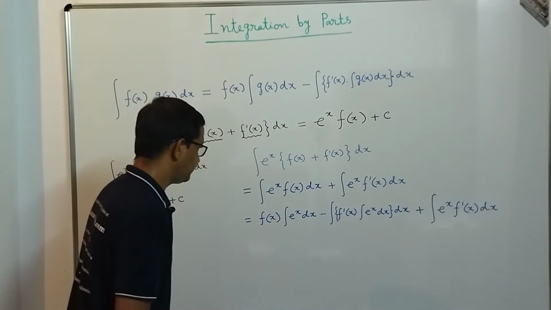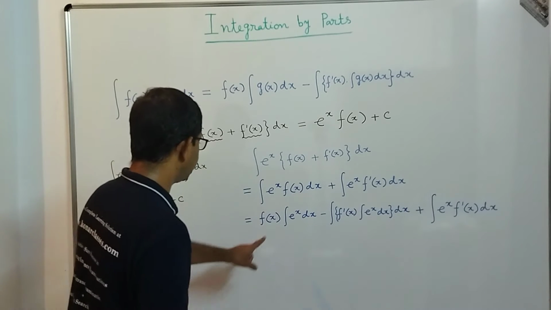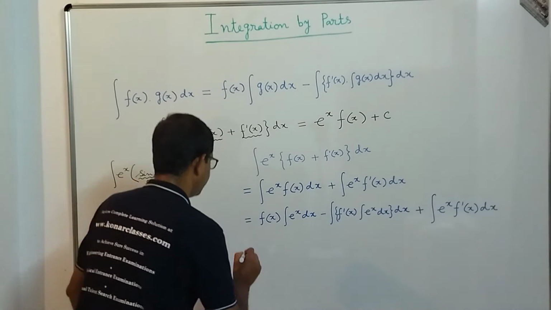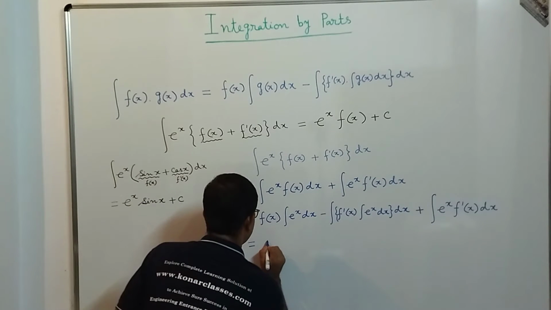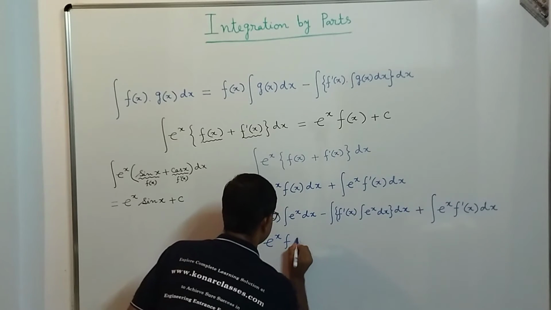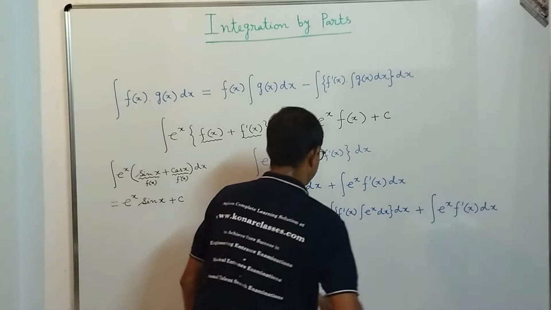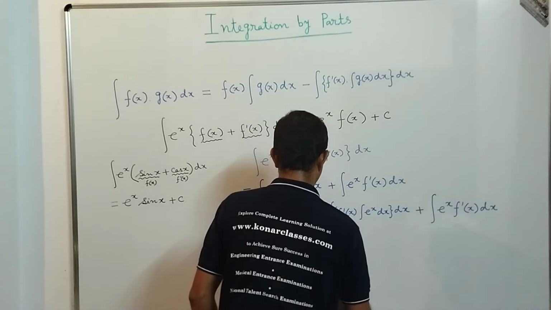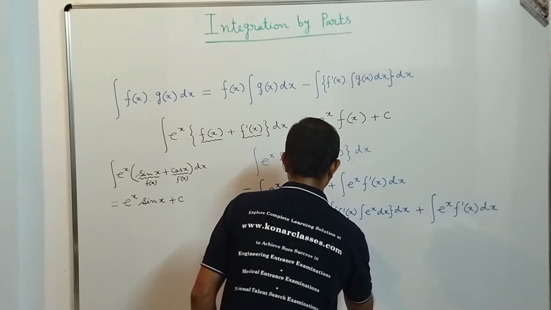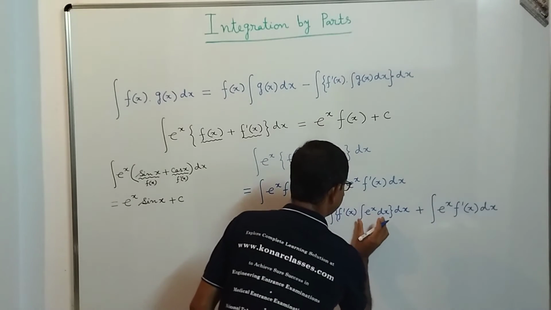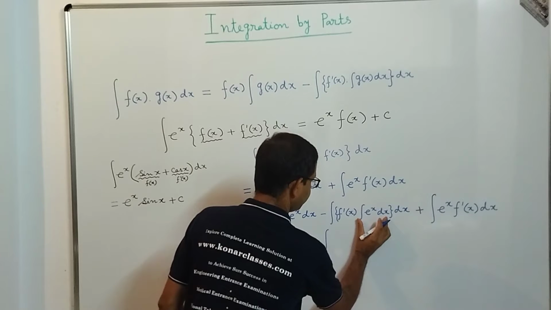Now let's proceed further. If we make integration of e power x dx, that becomes e power x, so we can write e power x into f(x), minus integration of f dash x into integration of e power x dx, which is e power x.